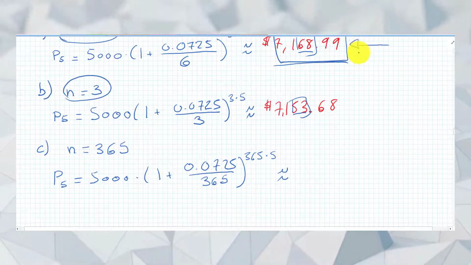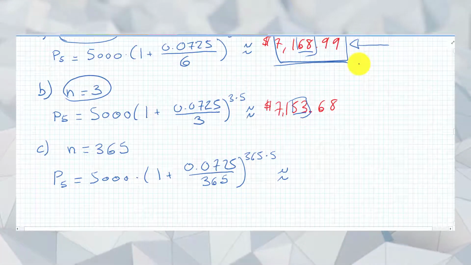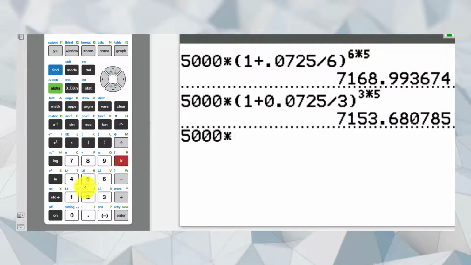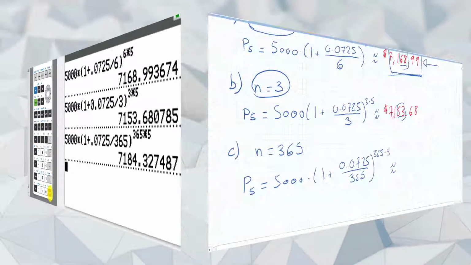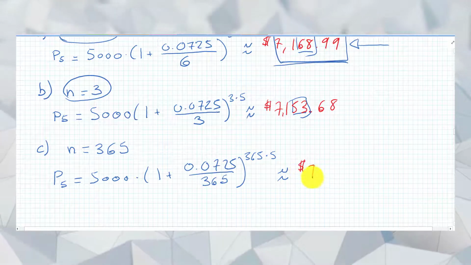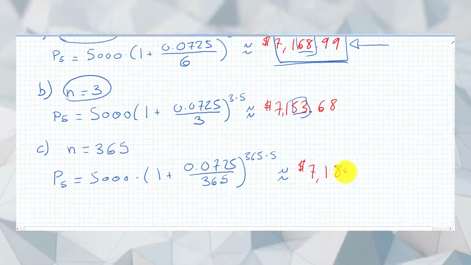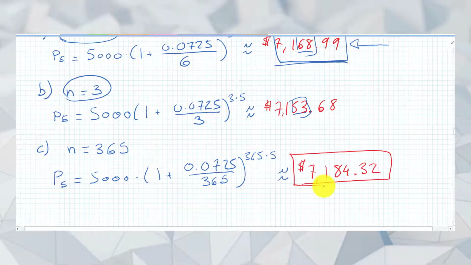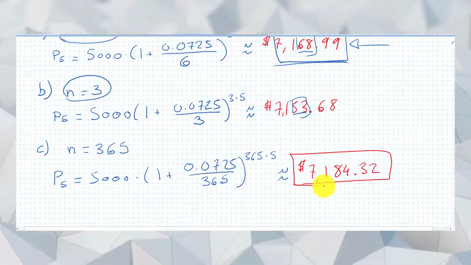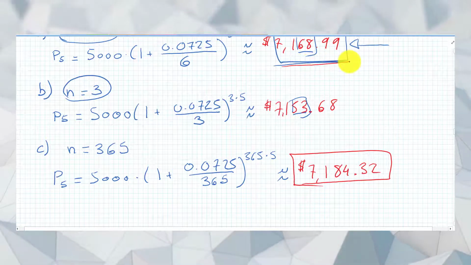I'm expecting something higher than 7,168. And the amount this time is $7,184.32. Indeed, when you compound every day, it is going to be higher than when you compound every 2 months.